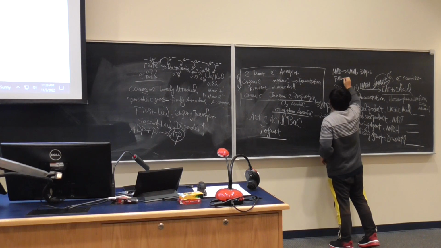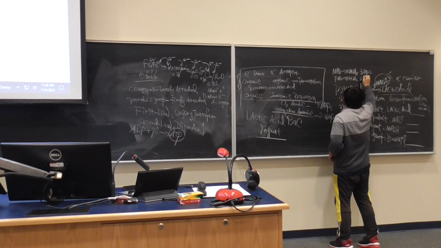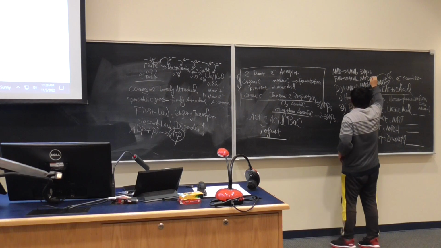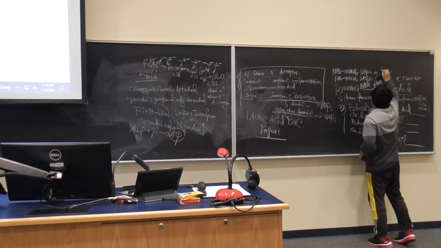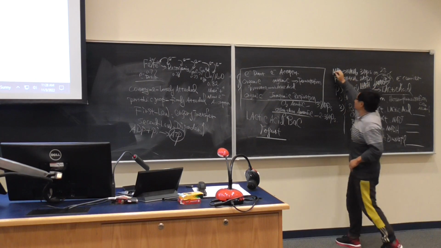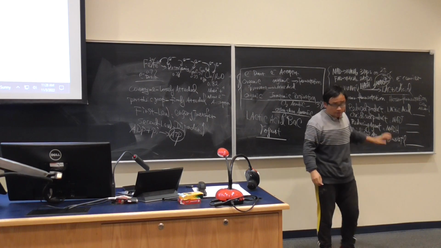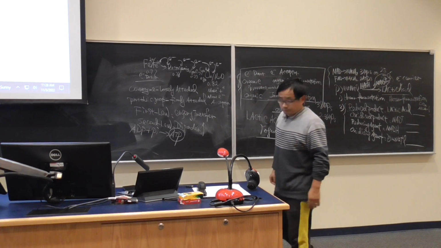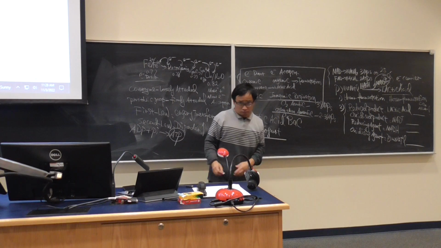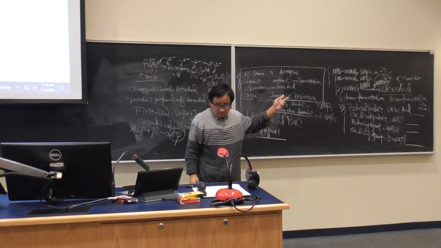FAD reduced to FADH2 generates 2 ATPs, or 2.5 and 1.5, but not mixed. I would suggest 3 and 2. It's easy to calculate. Make sure at the top, right there. That gives you some points. I give you 2 points if you write it.